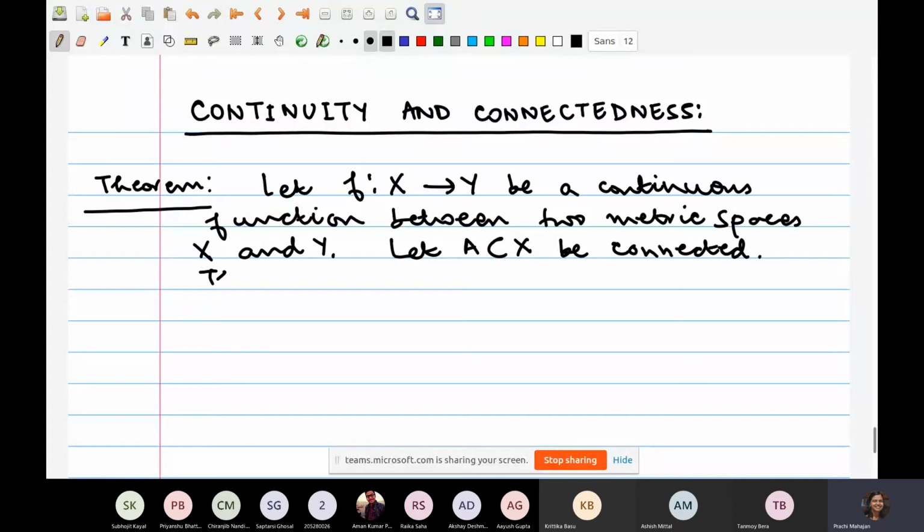Then the theorem says that its image under f is also connected. A continuous function always takes connected sets onto connected sets. Continuous image of a connected set is connected, just like continuous image of a compact set is compact.